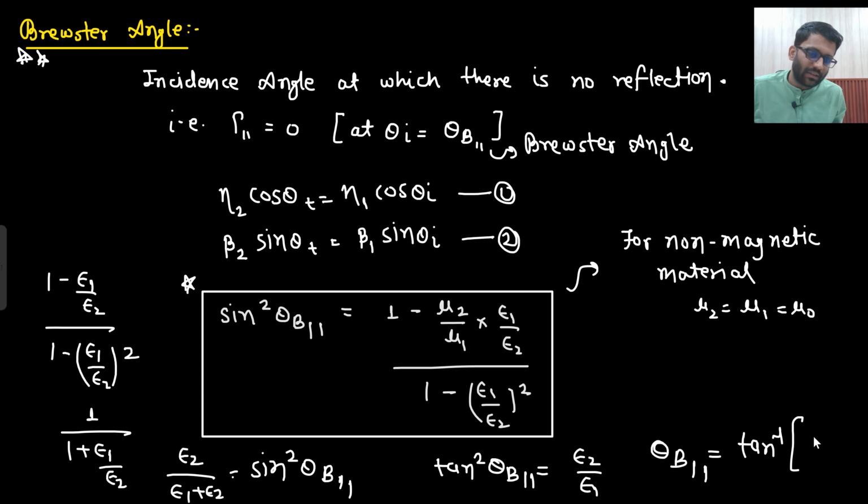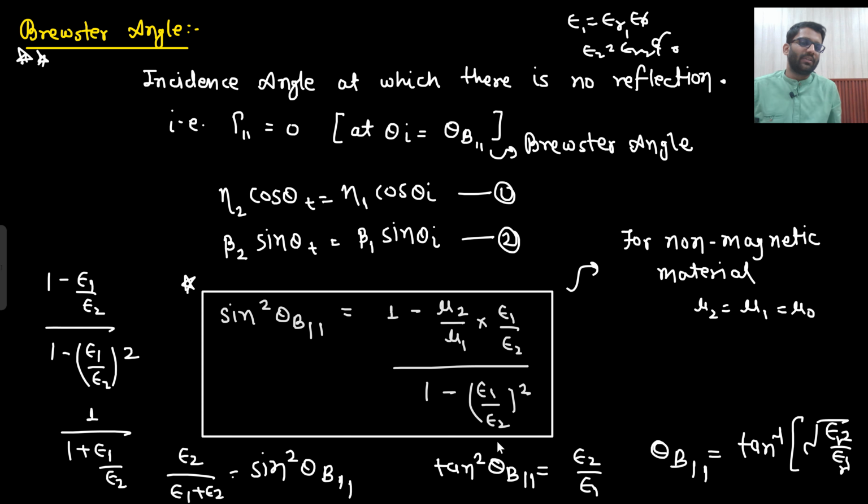Tan inverse under root epsilon 2 by epsilon 1. And epsilon 2 by epsilon 1 can be written as epsilon r2 divided by epsilon r1, because epsilon equals epsilon r epsilon naught. This is epsilon 1, this is epsilon 2. If you just divide them, epsilon naught gets cancelled, and you get epsilon r2 divided by epsilon r1. Is that clear to you?